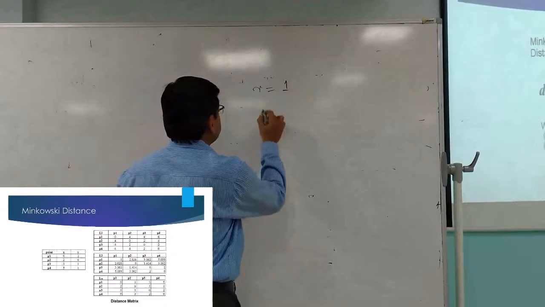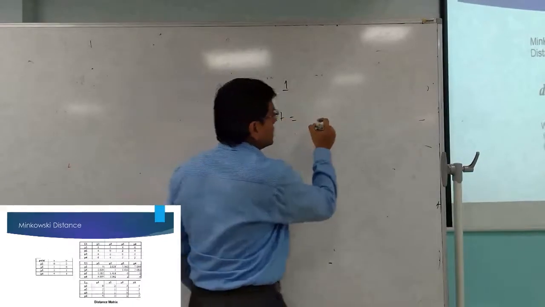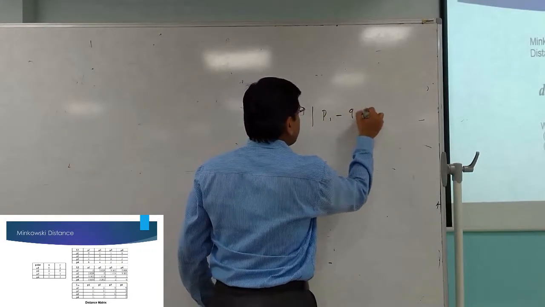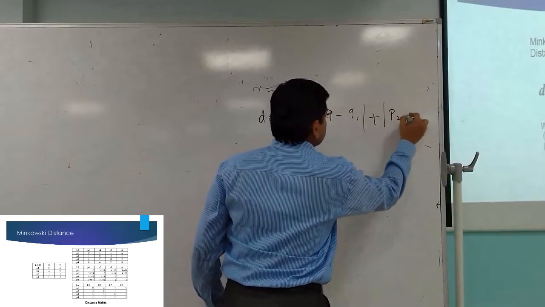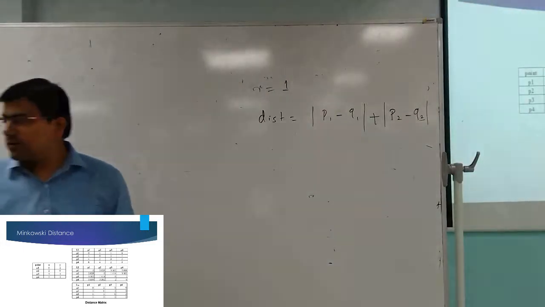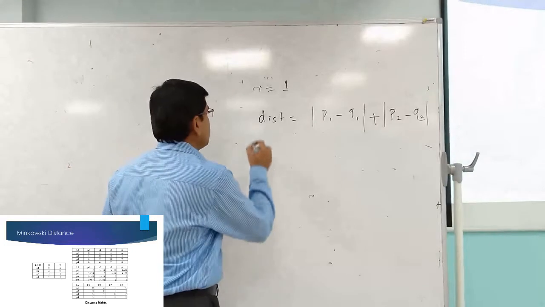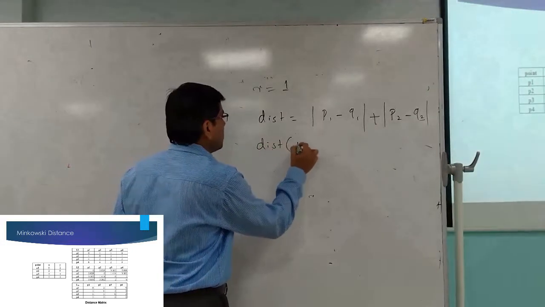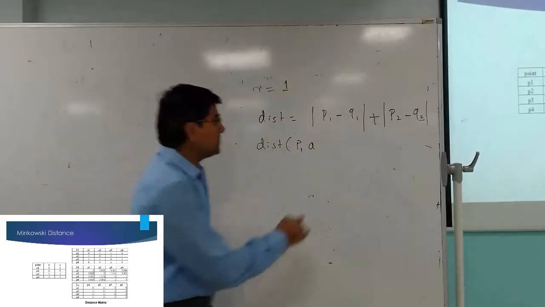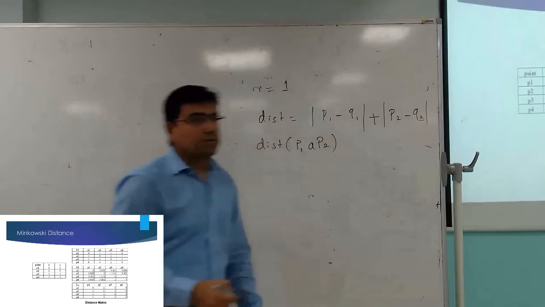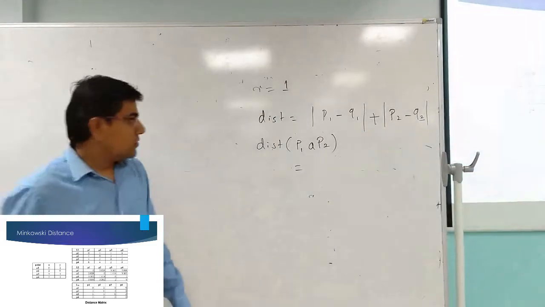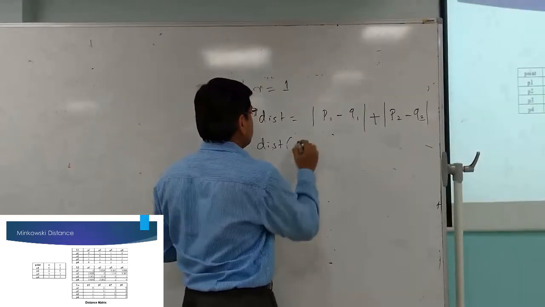The distance will become the sum of the absolute differences, P1 minus Q1 plus P2 minus Q2. So this equation I can apply on the given table and compute the Manhattan distance between the two points, P1 and P2. You have to substitute those two values and then compute the difference.